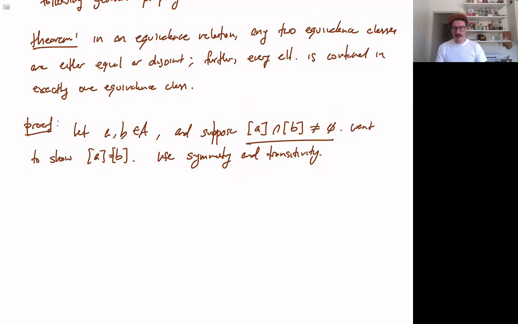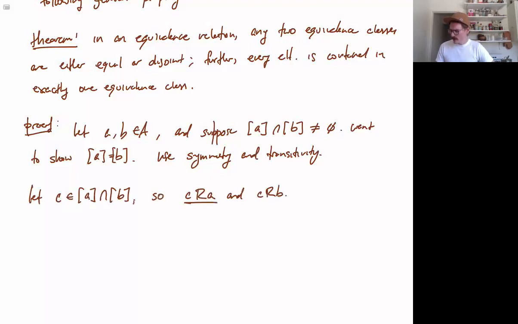So we're going to take an element in the intersection and use it to relate these two equivalence classes. So let C be an element of the equivalence class of A intersect the equivalence class of B. That is to say that C is related to A and C is related to B.